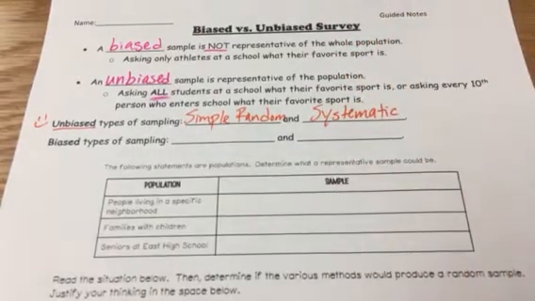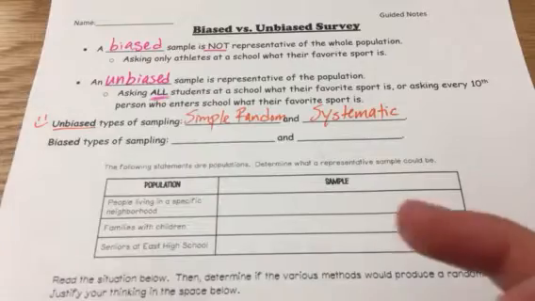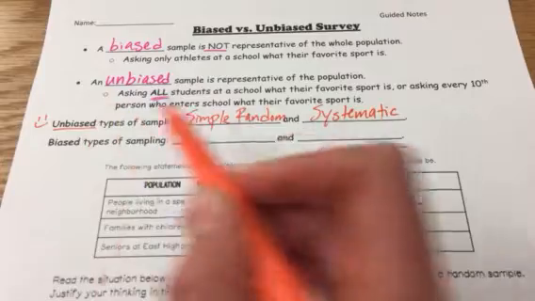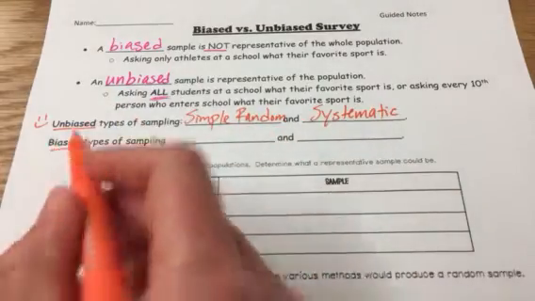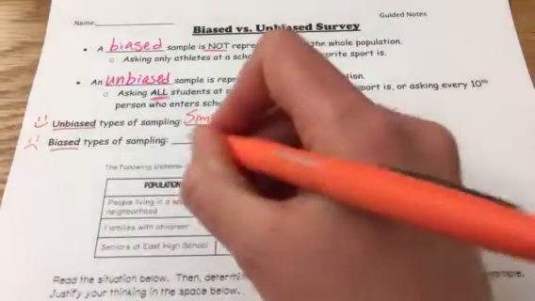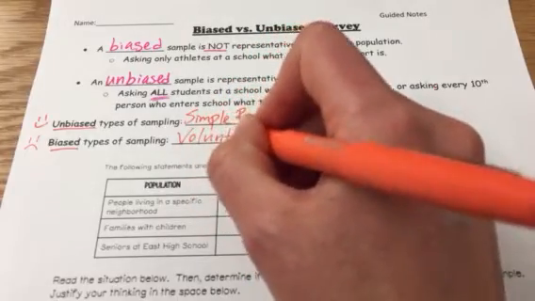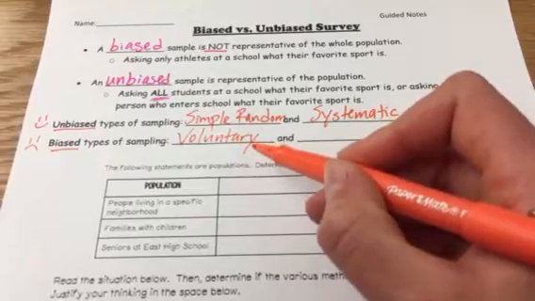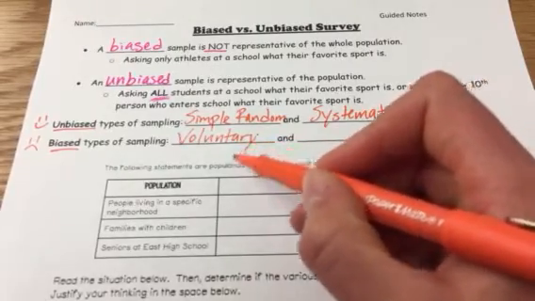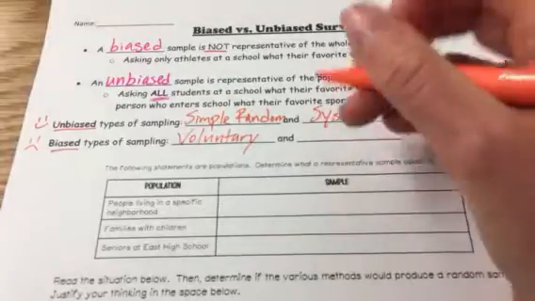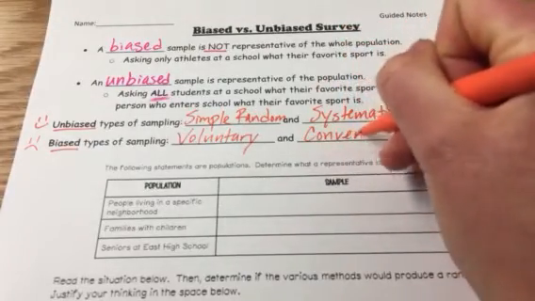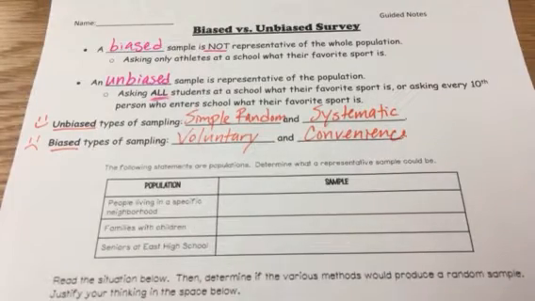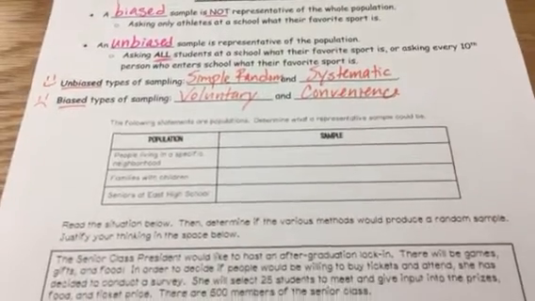Those will truly give you a random subgroup of your population that will lead to an unbiased sample. But on the flip side, a voluntary sample is biased, because usually people who volunteer to take your survey care about whatever it is that you're asking them, so that makes them biased. And the convenience sample is also biased because you're not getting a good representation of everyone.